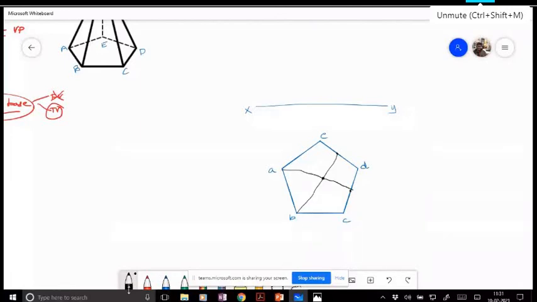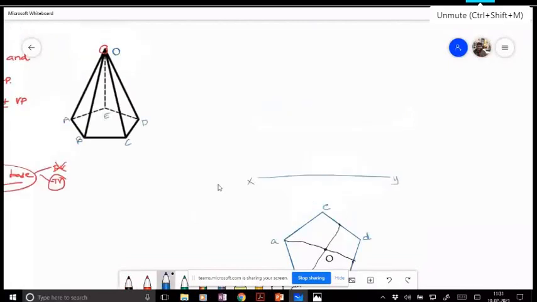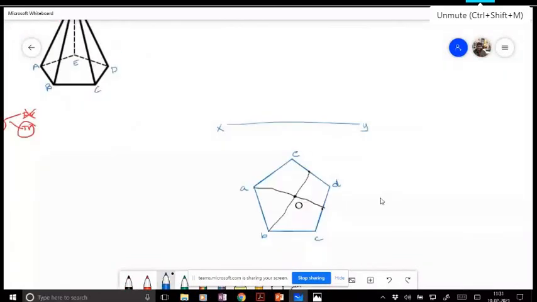That will be the center O. Once you find the O, you need to connect all the slant edges, because all the slant edges will be visible in the top view. Something like this, it will be visible.